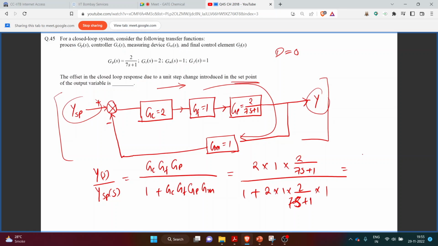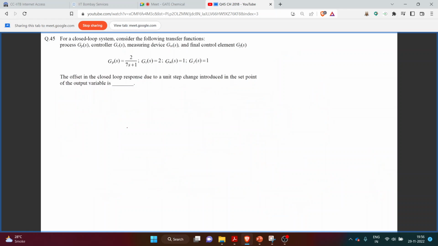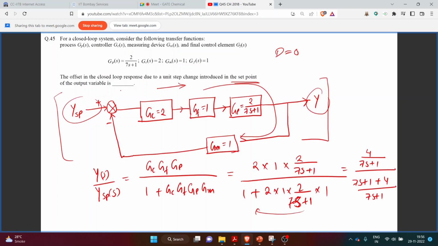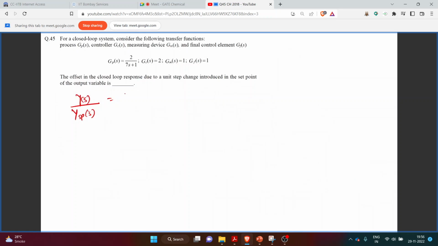That is, we can write this as 4 upon 7s plus 1 upon 7s plus 1 will go in the numerator, 7s plus 1 plus 4 upon 7s plus 1. That is, we can further simplify this as Y(s) and YSP(s) is equal to, so this 7s plus 1 will get cancelled out and will be 4 upon 7s plus 5.